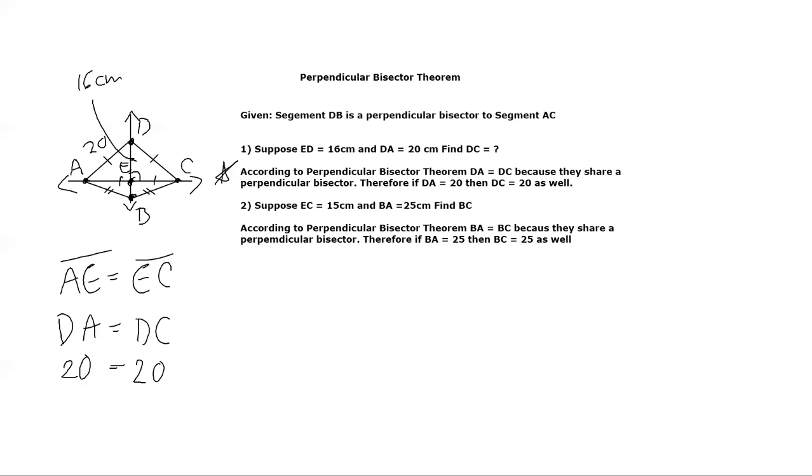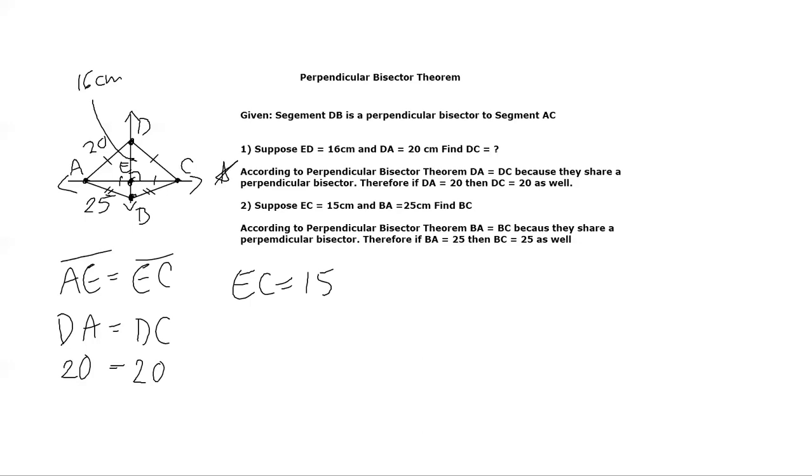Okay, so number two, suppose that AC is 15 centimeters and BA is 25 centimeters.